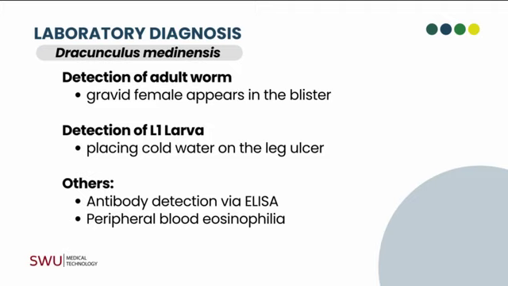Other tests include antibody detection via ELISA and immunofluorescent assays, IFA, and peripheral blood eosinophilia. We can also perform skin tests for this matter. We can perform intradermal skin tests with guinea worm antigen to create a positive reaction or induration.